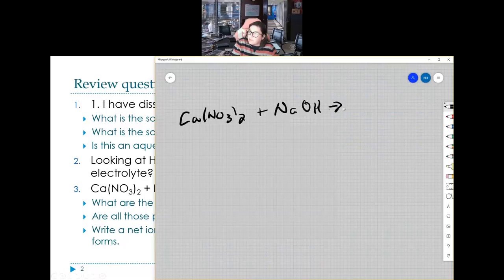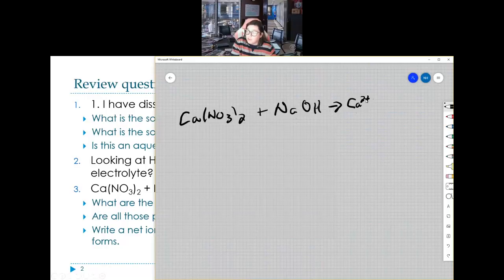Okay. So we're going to have a reaction here. And this is what we call a double displacement reaction, also known as a metathesis. So the cation from here, the Ca2 plus, goes with the anion from here, the OH minus.